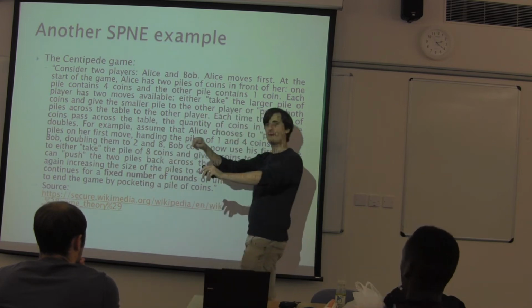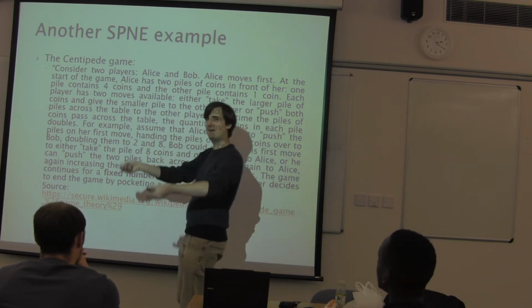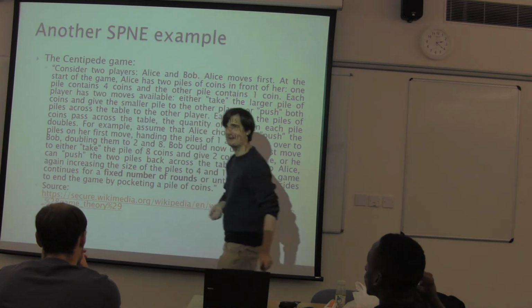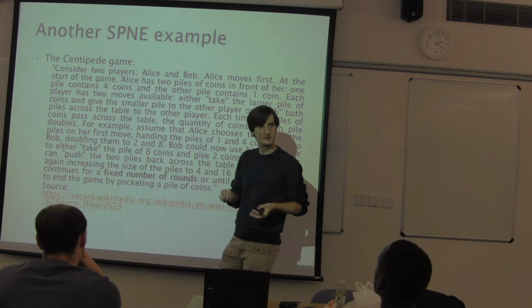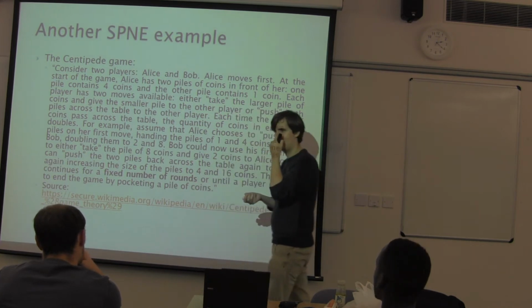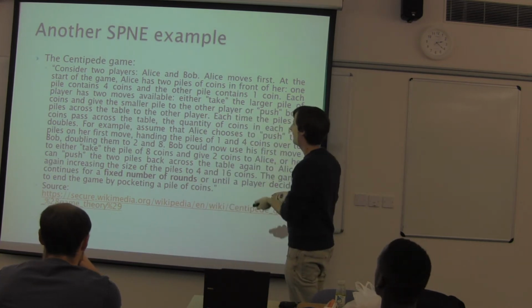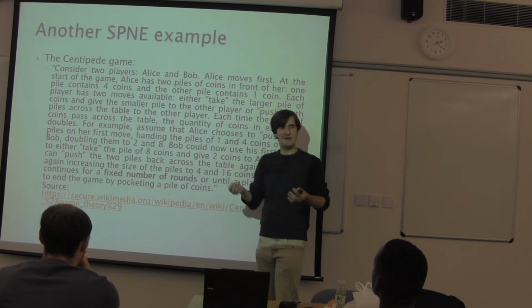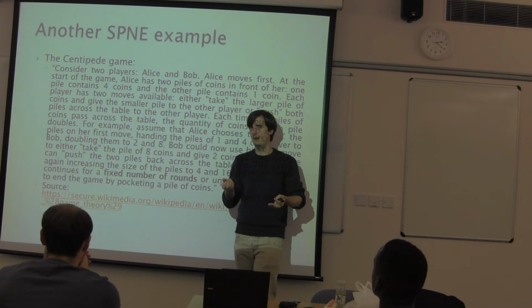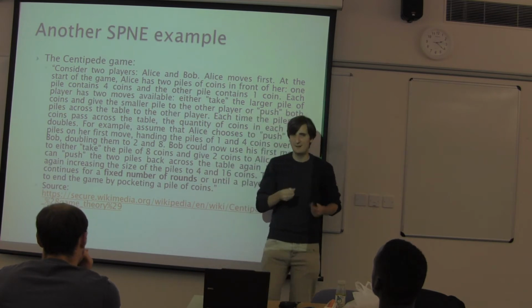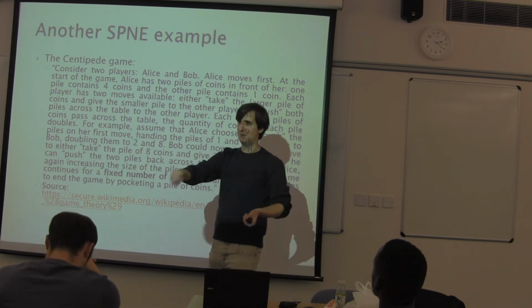And as she pushes them across the table, magically they double in size. The pile of coins that was 4 becomes 8, the pile of coins that was 1 becomes 2. When she pushes them across the table, the other player then also has 2 piles of coins in front of them. They have the same choice to make.